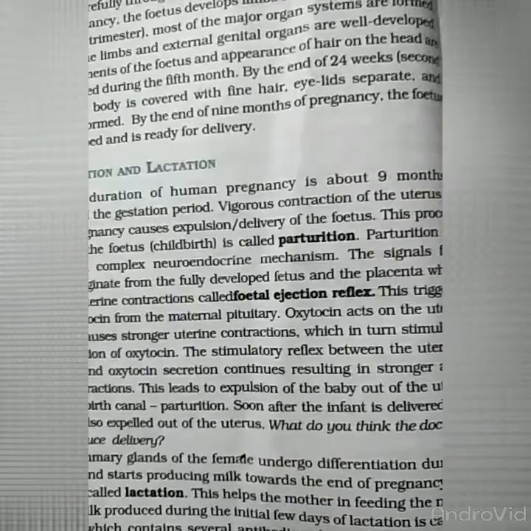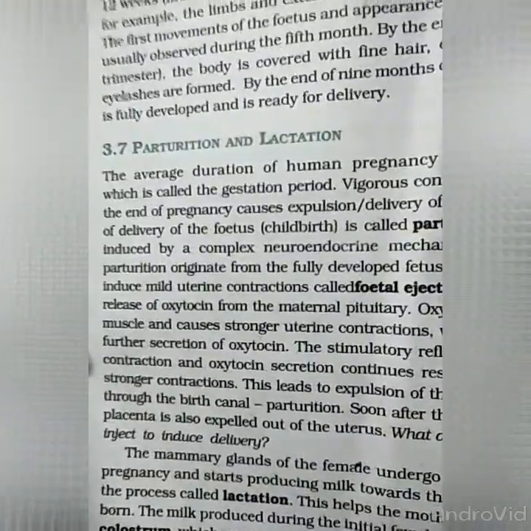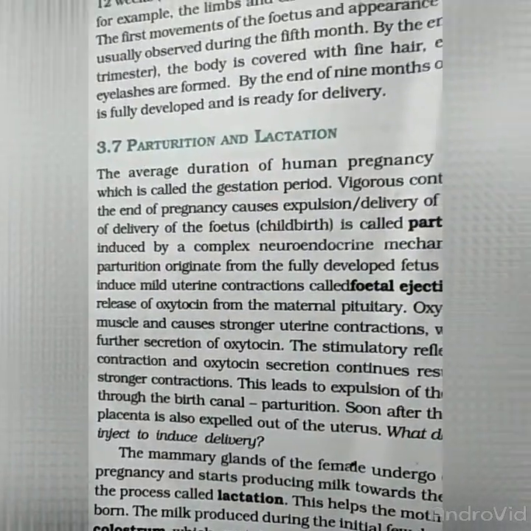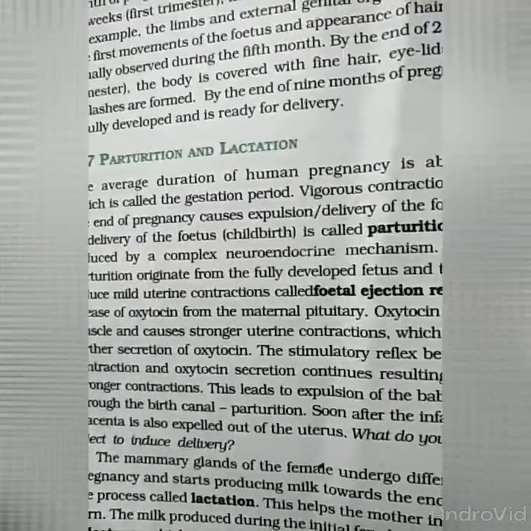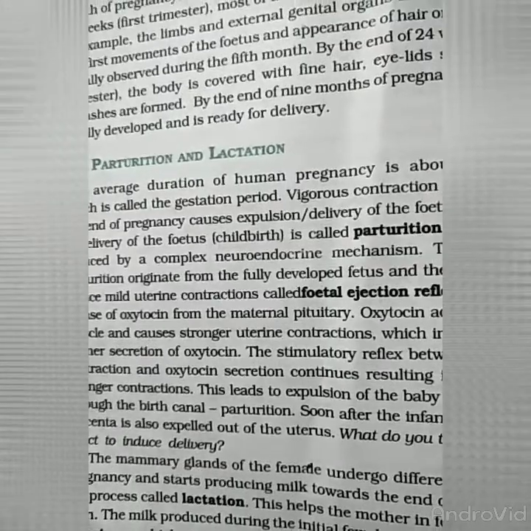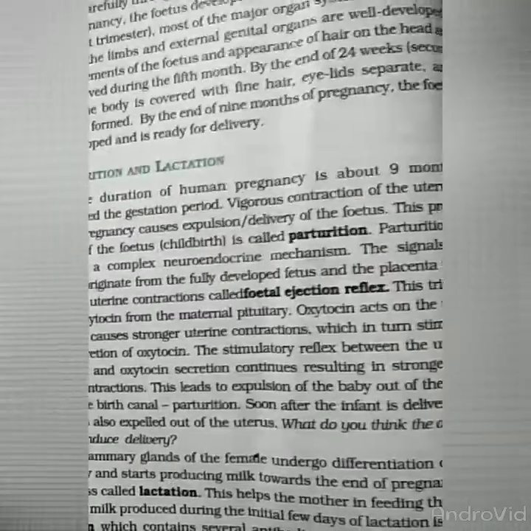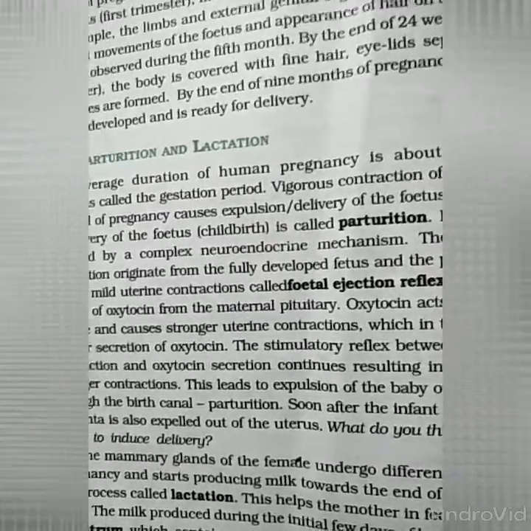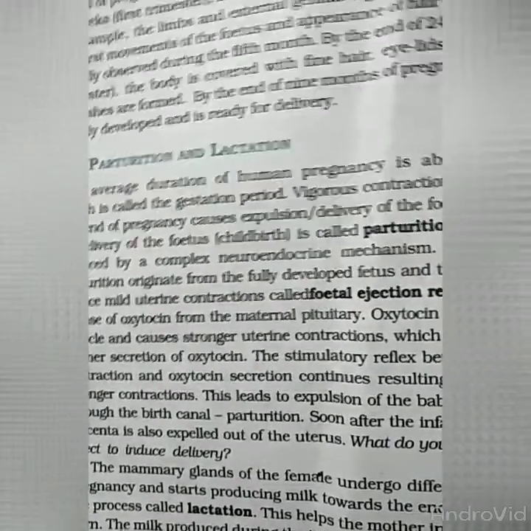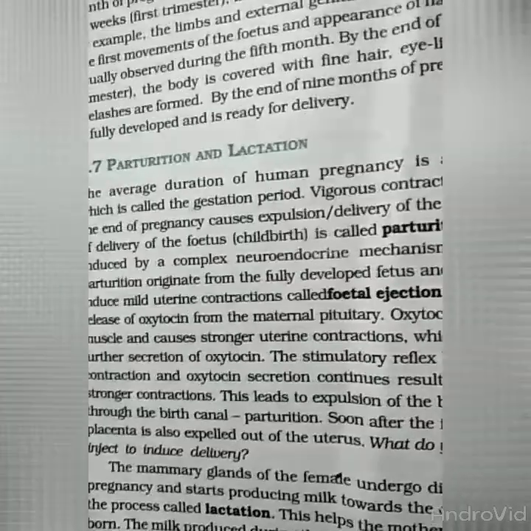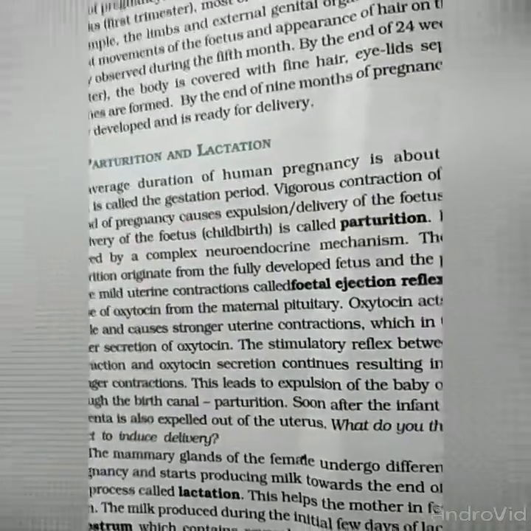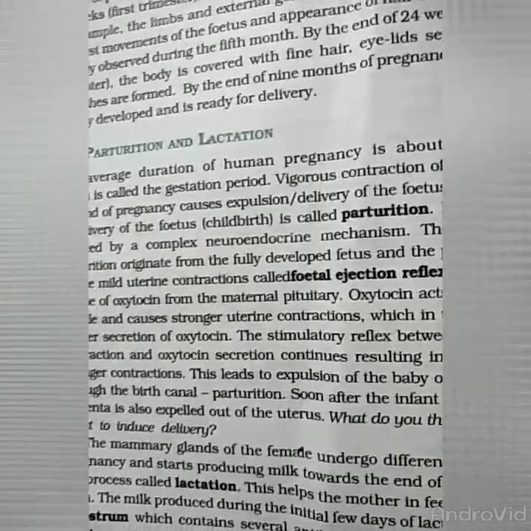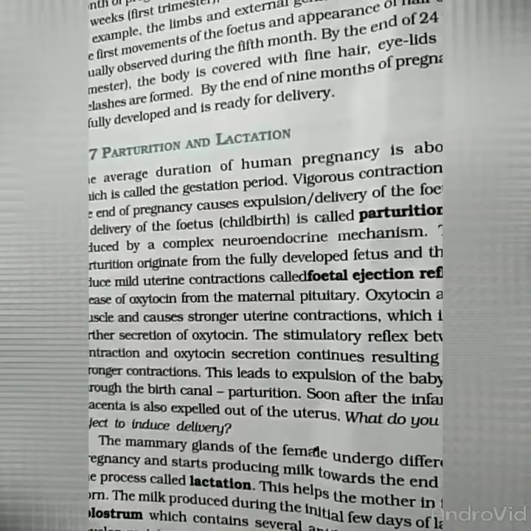Oxytocin acts on the uterine muscle and causes stronger uterine contraction. Its function is uterine contraction during parturition. This stimulatory reflex continues as oxytocin is secreted continuously, resulting in stronger contraction. As a result, the expulsion of the baby takes place, that is called parturition.